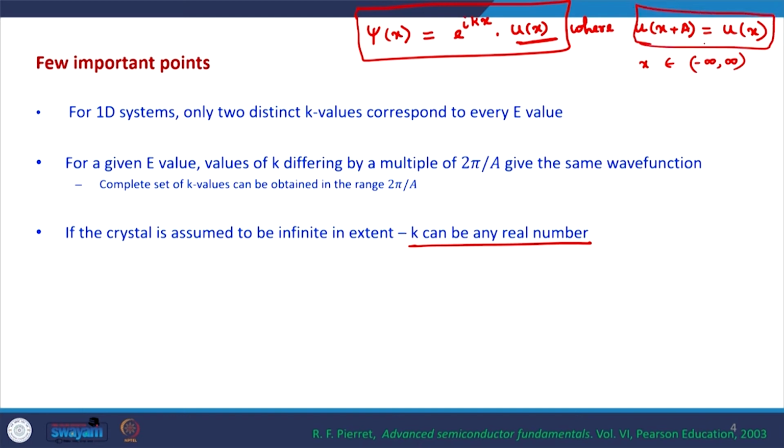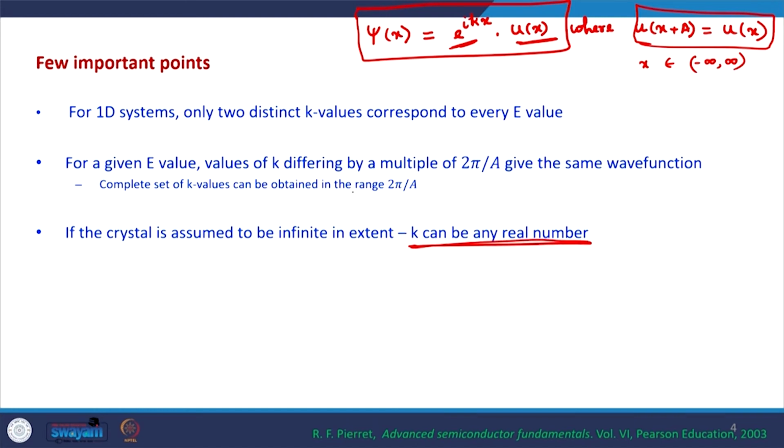A periodic function is defined everywhere. So, the only thing that needs to be well defined is this plane wave solution, the exponential e to the i k x term, and this will be well defined if k is a real number, because if k becomes an imaginary number, this exponential will blow up at infinities. Okay. So, if the crystal is extremely large as compared to the distance between two atomic cores, k can be any real number.